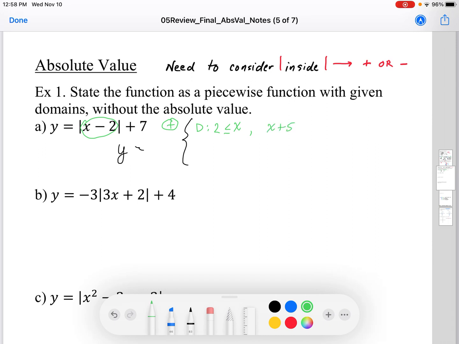Again, we can leave it as x minus 2, and then we have our plus 7. That combines and simplifies to plus 5.